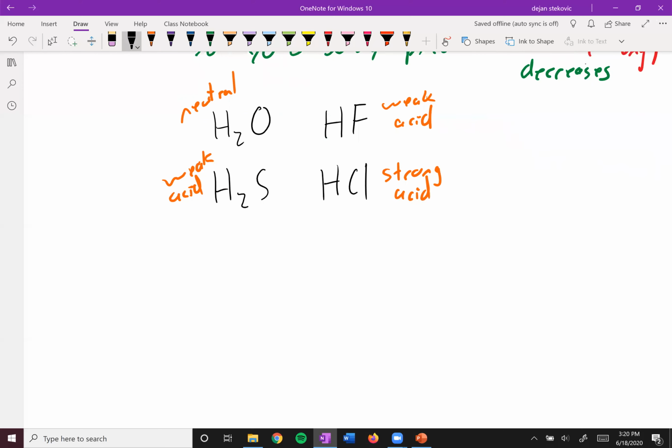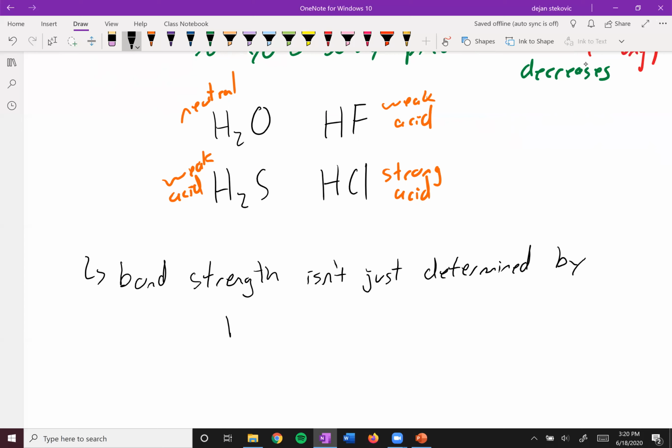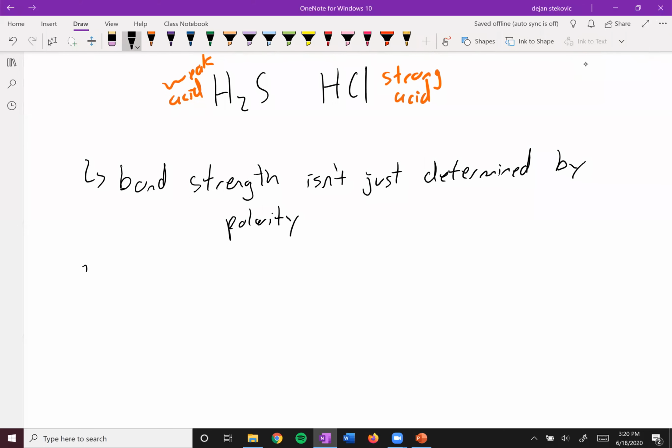And so the reasoning for this is that bond strength isn't just determined by polarity. There are other factors that control this bond strength.